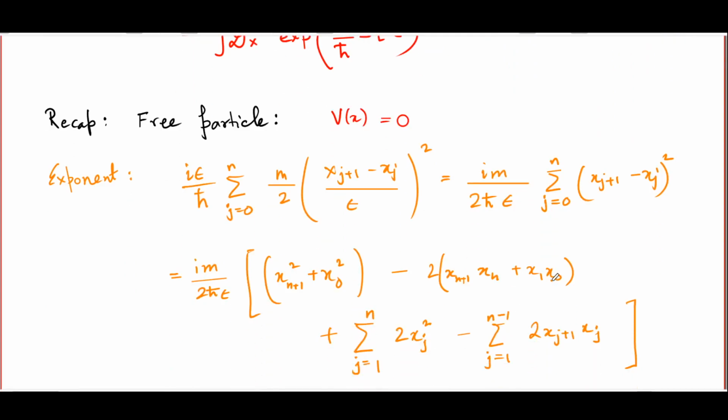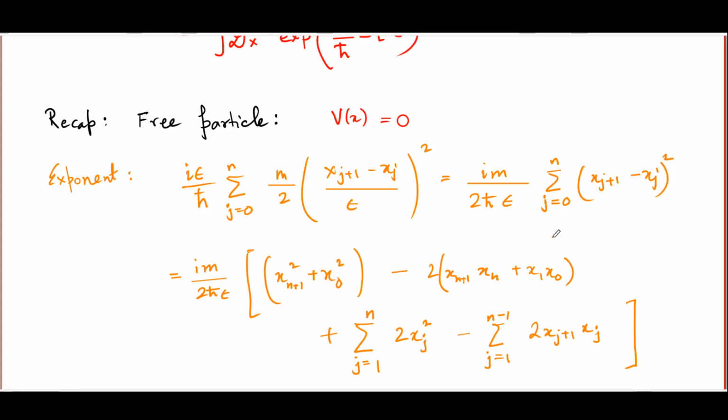Taking that into account, what we will do is we will split up this sum slightly. Apart from this i m by twice h cross epsilon factor, you have two terms, one coming from the j equal to nth term here, the x_{n+1} whole square, and the other coming from the j equal to 0th term, the x0 square. So these are the two terms that you get, which are independent of the integration variables at all.